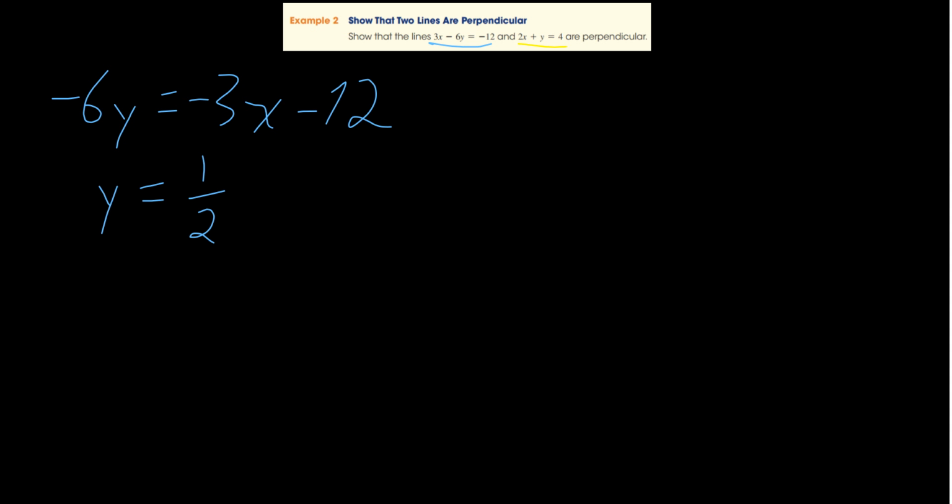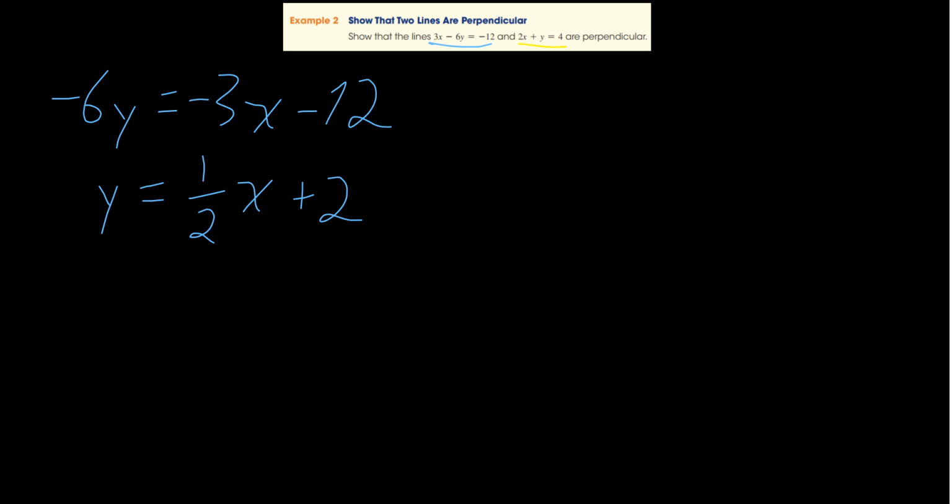First, I'm just going to go ahead and subtract 3x from both sides. So I'm going to have -6y is equal to 3x minus 12. I'm going to divide both sides by negative 6. I'm going to have y is equal to, negative 3 divided by negative 6, well, that is a positive 1/2 x, and then plus 2.